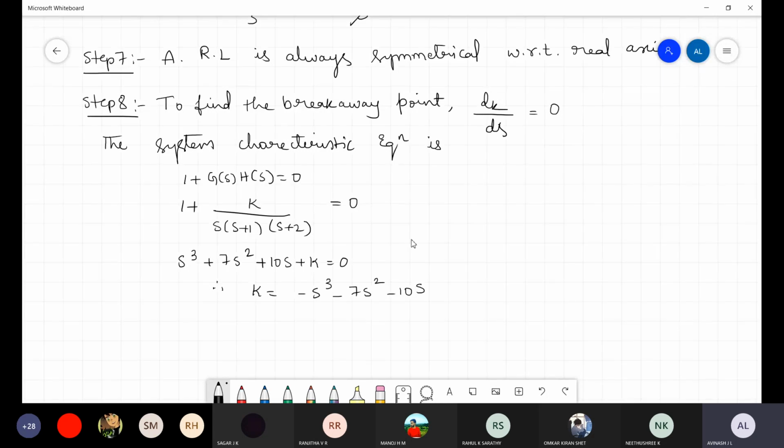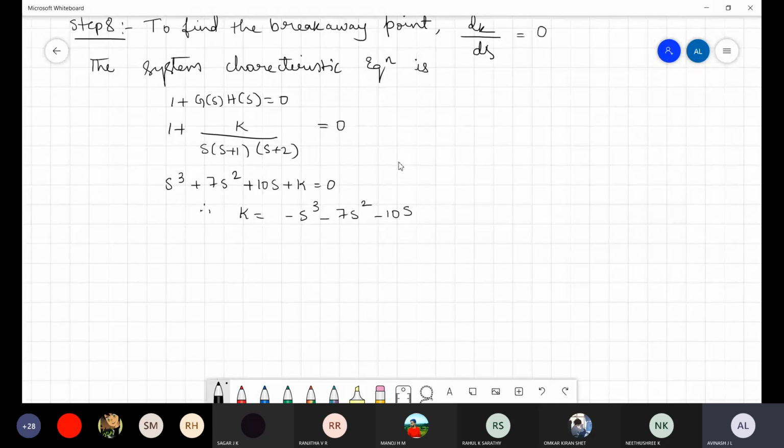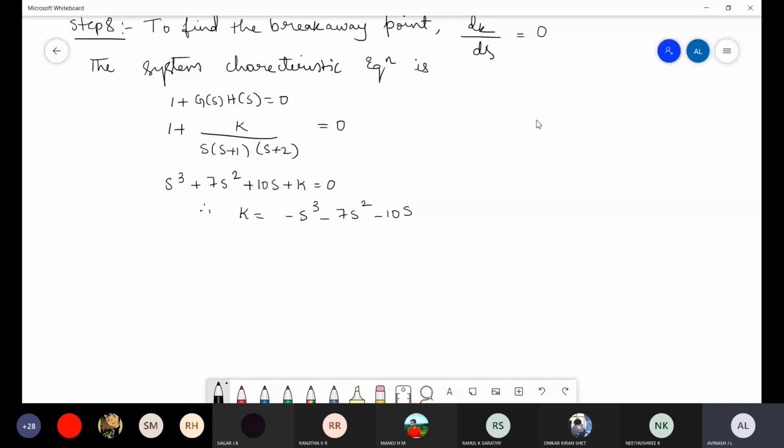Once you get this value of k, we can differentiate k.